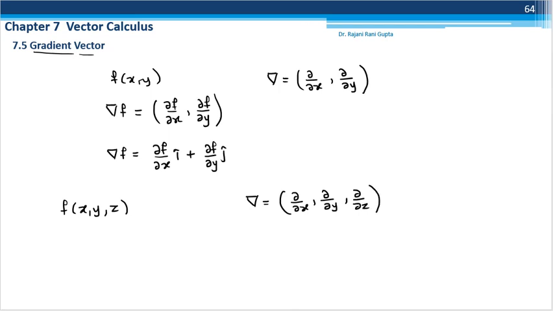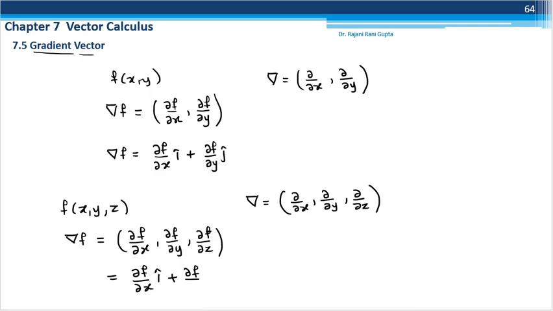So basically, you are finding the partial derivatives of the given function. The gradient of f is given in the component form by all three partial derivatives separated by commas, and in the standard form as the partial derivative of f with respect to x times i, plus j, and k.